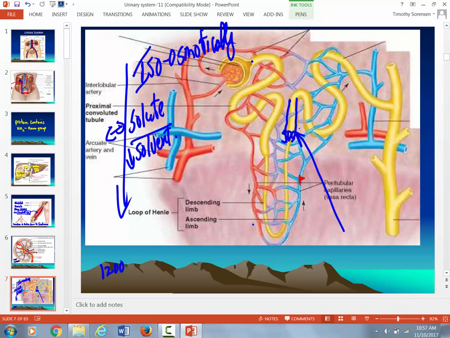So what does that require if they're actively pumped? ATP. So you're actually moving these electrolytes against the concentration gradient. Now this is important. Because water's not getting reabsorbed in this thickened portion, only electrolytes are actively pumped. What's going to happen to the osmolarity inside that thickened portion? The osmolarity will go down. So by the time it gets through the thickened portion of the ascending limb, the osmolarity is about 100.